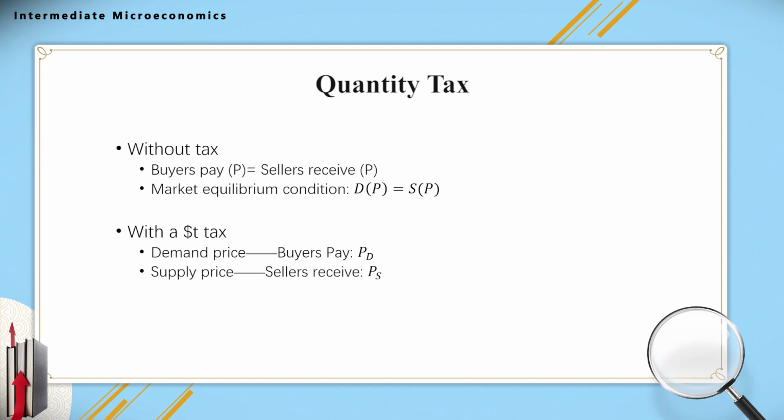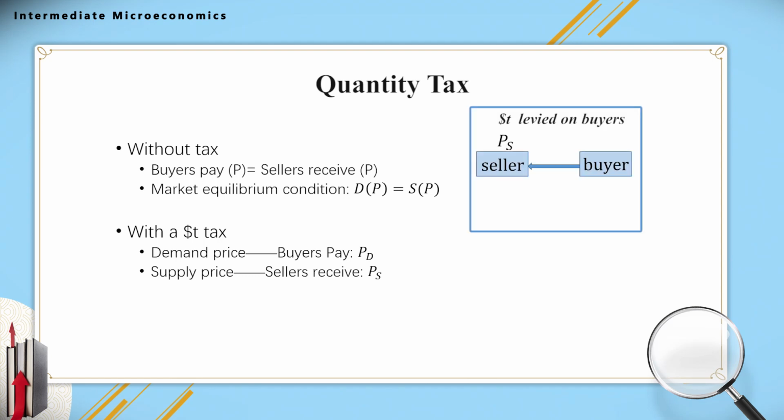If the tax is levied on buyers and the sellers sell at PS per unit on the market, then the buyers should pay PS to the sellers and T to the government. So the buyers actually pay PS plus T per unit.